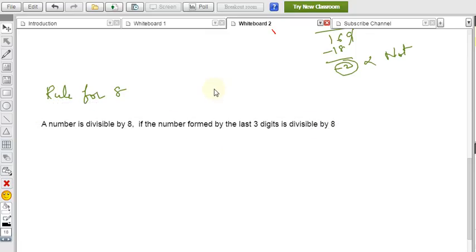So we have to check only the last 3 digits, instead of taking the total number.